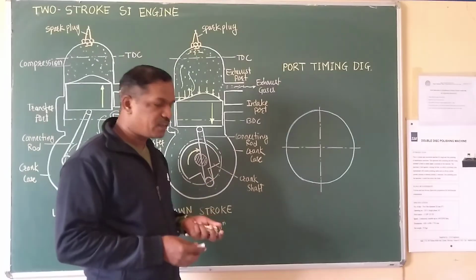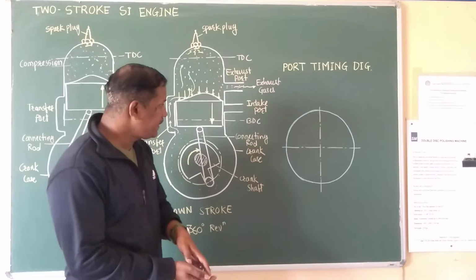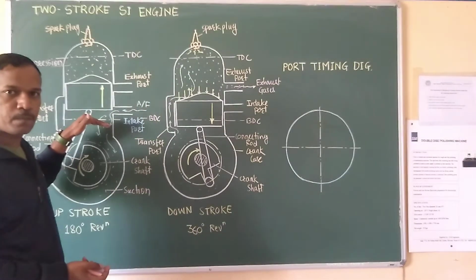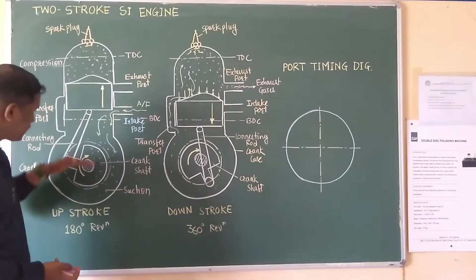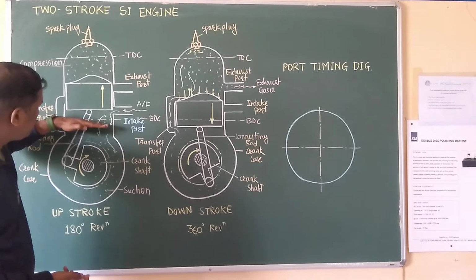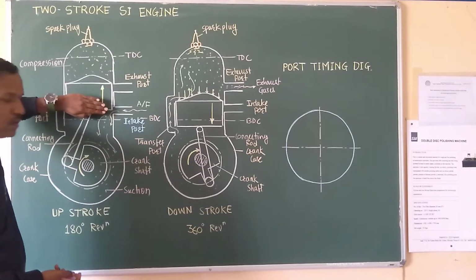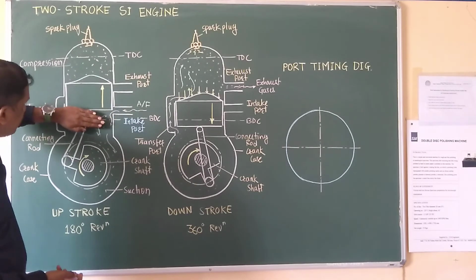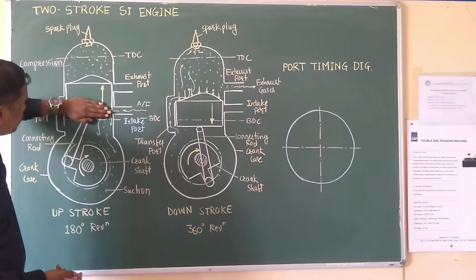So hopefully this clears your idea of how to draw, and now we will see how to draw the port timing diagram, because there are ports, so port opening and closing.